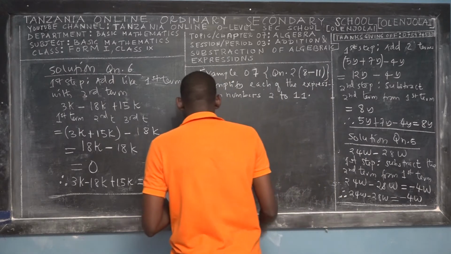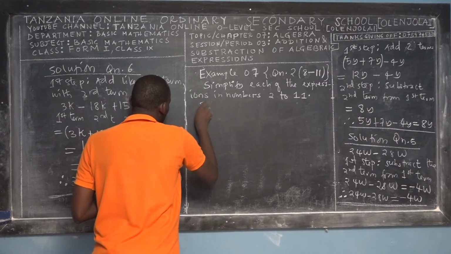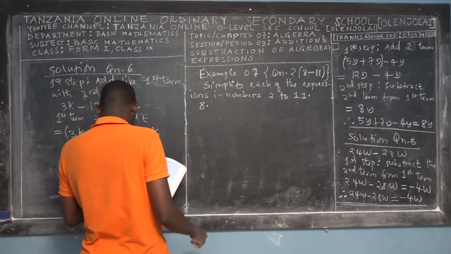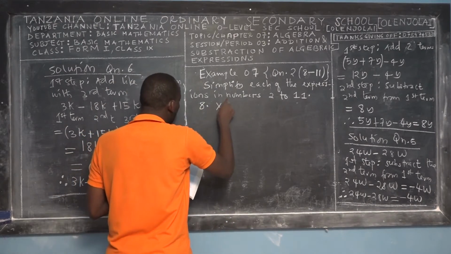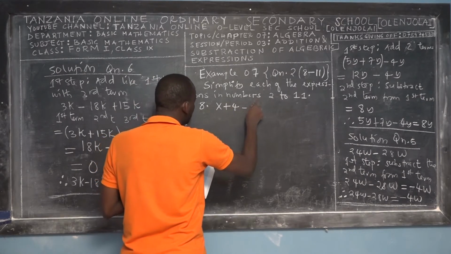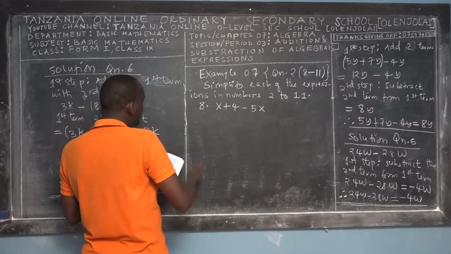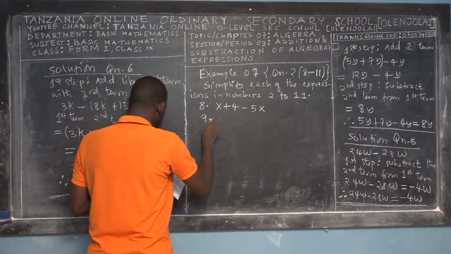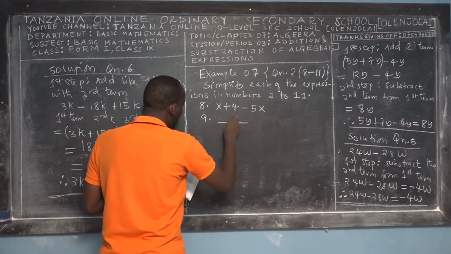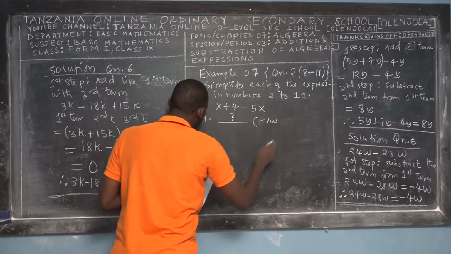Number 8 is x plus 4 minus 5x. And then number 9, I leave it blank. Students have to fill it in, and this is your homework.